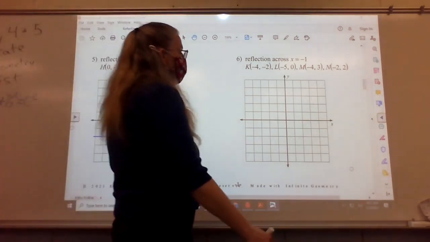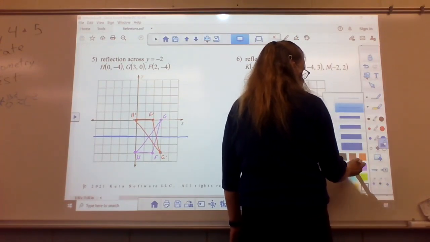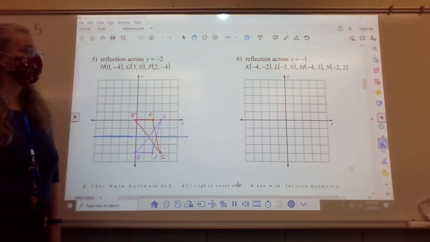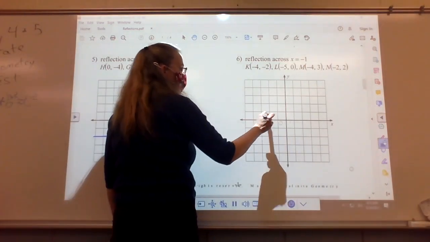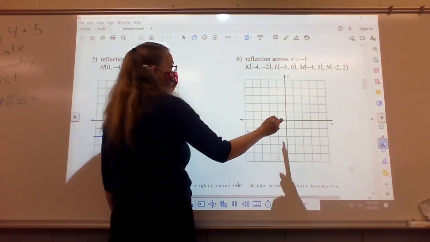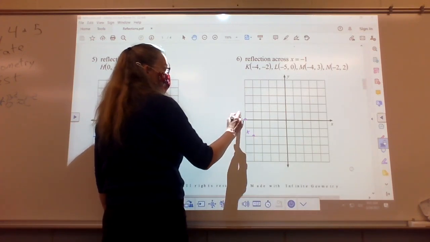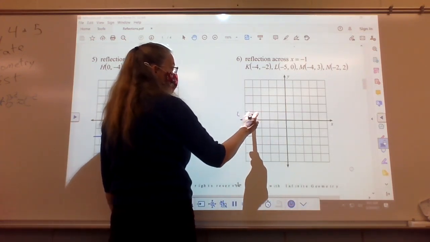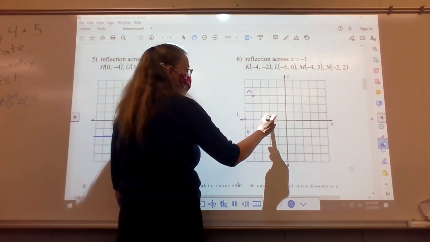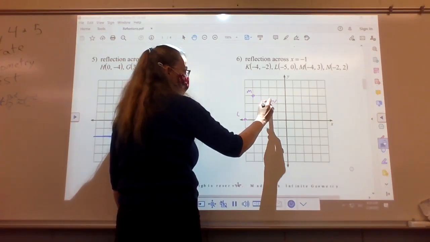So for 6, we're going to have to graph the original. This time there's 4 points, so it's a quadrilateral. Let me switch back to purple again. -4, -2, there's my K. -5, 0, there's my L. -4, 3, there's my M. -2, 2, there's my N. Your what?